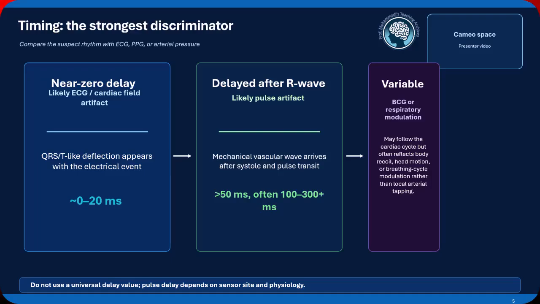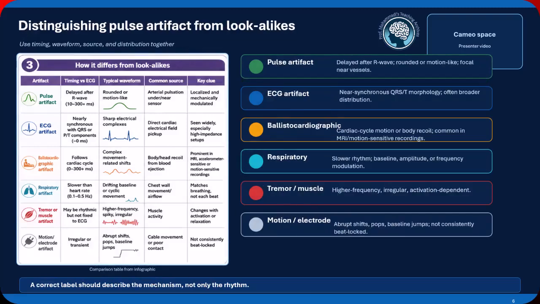Next slide, please. When comparing pulse artifact with similar rhythmic artifacts, it is important to describe the mechanism, not only the rhythm. Pulse artifact is usually delayed after the R-wave, rounded in appearance, and localized near vessels. ECG artifact is electrical, often sharp, and nearly synchronous with the cardiac electrical event.